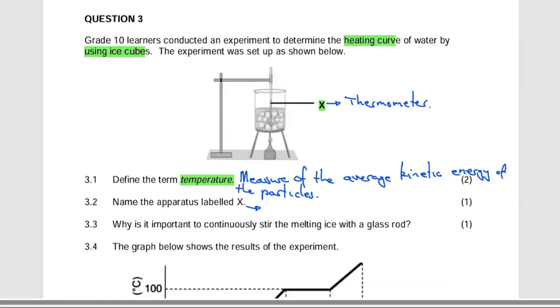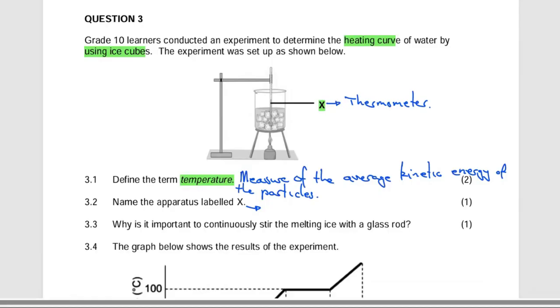Then after that, why is it important to continuously stir the melting ice with a glass rod, right? We have this thermometer at the top, and they are asking us why we should keep stirring.